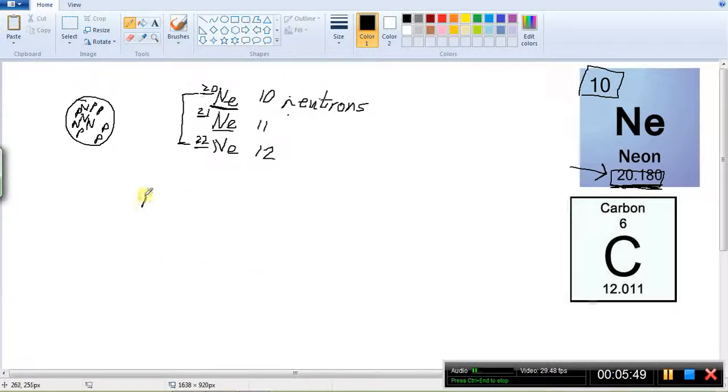Let's say we have neon 20 again, and these are just going to be made up numbers, so if this isn't real. Let's say we have 50%, and then neon 21, maybe we have 40%.